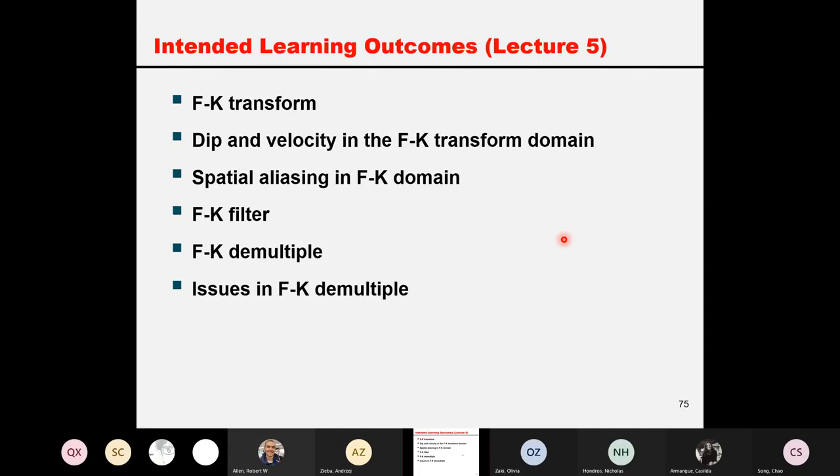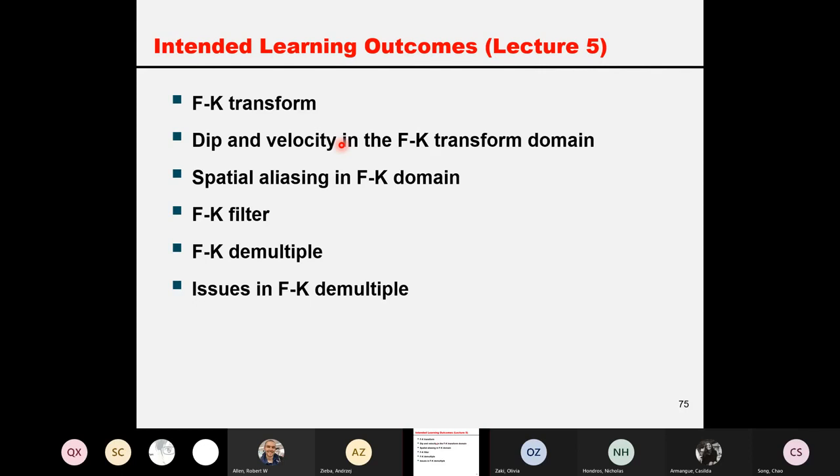Let's summarize what we learned today. If we have one or two minutes, review, just say what I'm learning today. This is my summary here. First, we're talking about the FK transform. Basically, we apply a one-dimensional Fourier transform twice.